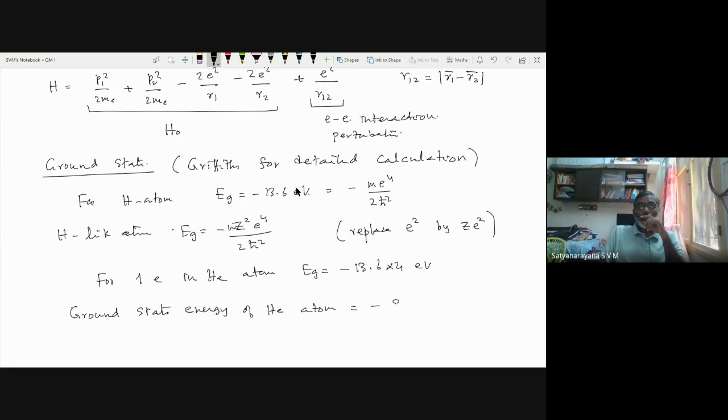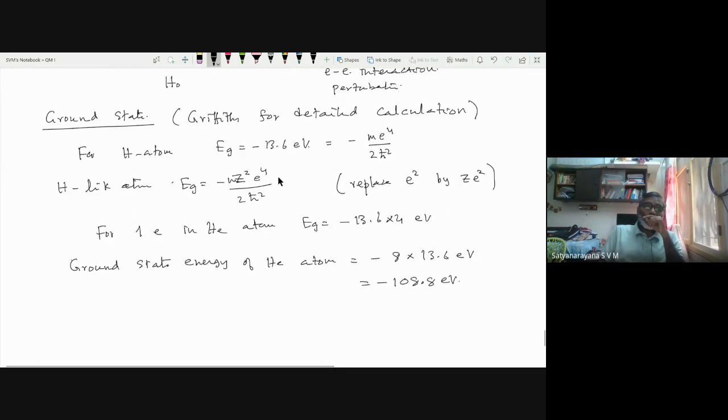So that is equal to minus 8 times 13.6 electron volt, which is equal to minus 108.8 electron volt. So this is the unperturbed estimate of the ground state energy, neglecting electron-electron interaction.